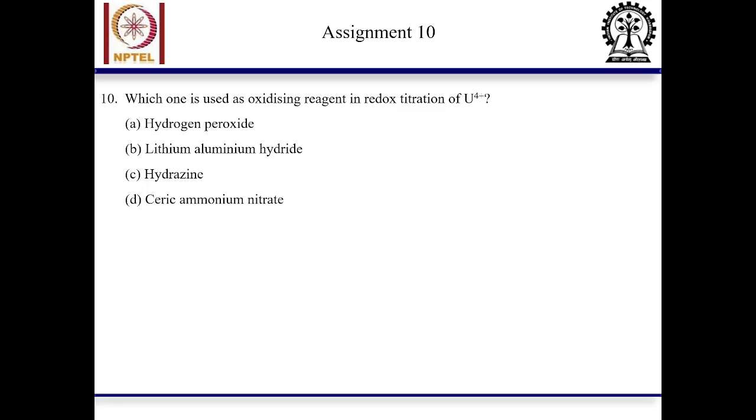First of all, this is the reducing agent, and here we are finding the oxidizing agent. Lithium aluminum hydride is a well-known reducing agent. This is also a reducing agent. Hydrogen peroxide can act as an oxidizing agent, but it is not suitable for uranium. So the correct option is ceric ammonium nitrate. What is ceric ammonium nitrate?